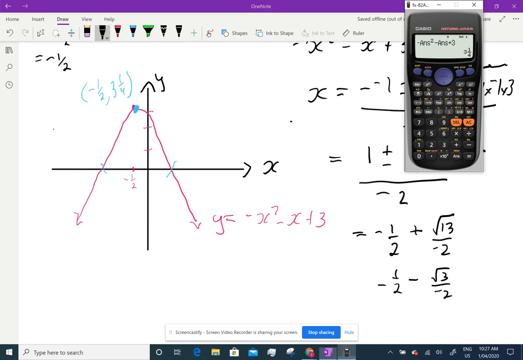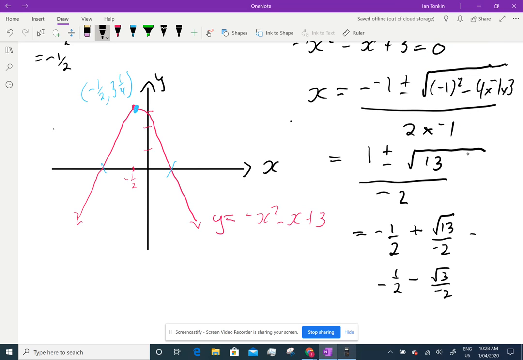Well, let's do that on the calculator. What do we got? We'll put the negative in the bottom just so it stays there, so we can have it exactly the same. 1 plus square root 13 over negative 2. And then there's our first one, negative 2.3. So this is negative 2.3, and yes, I know I've abused the equal sign.